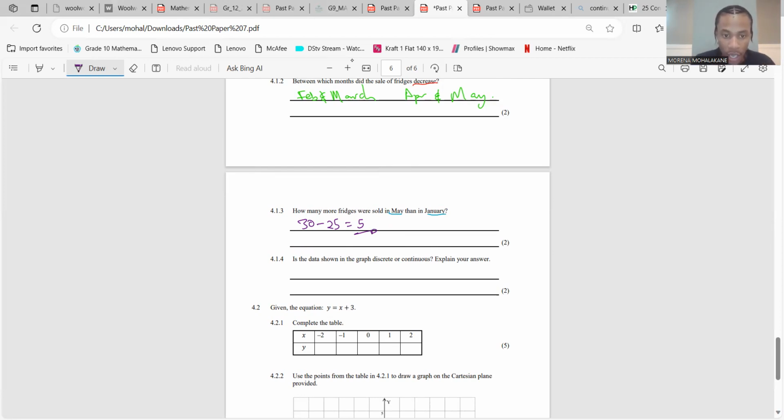Okay, so is the data shown in the graph discrete or continuous? Okay, let us look at these terms. If we say discrete, it means that I can count them using natural numbers, right? But for continuous, I can also include irrational numbers.